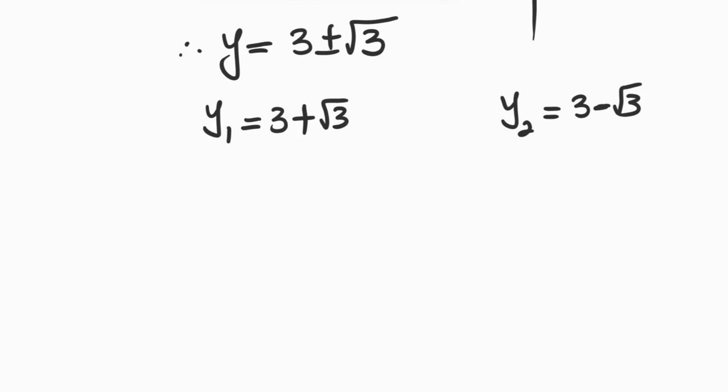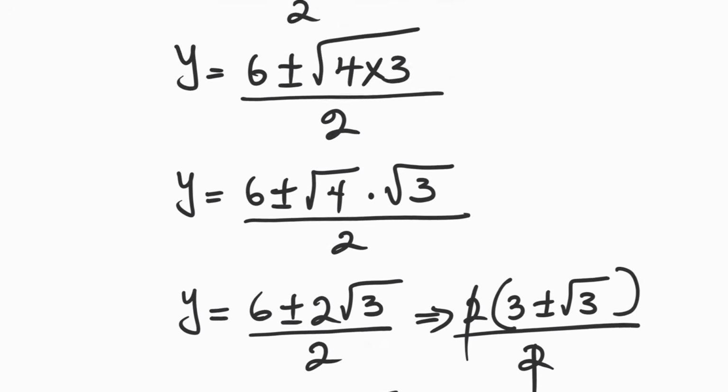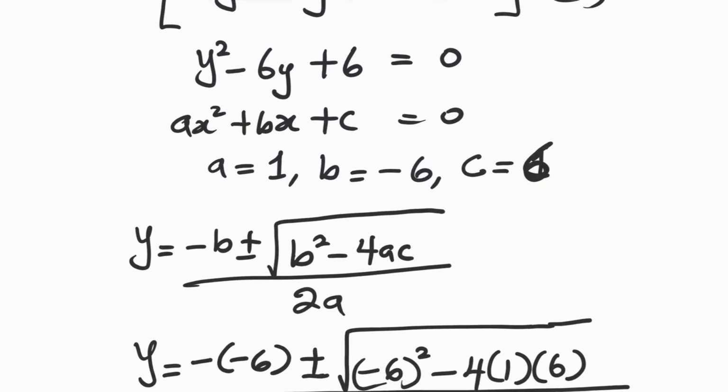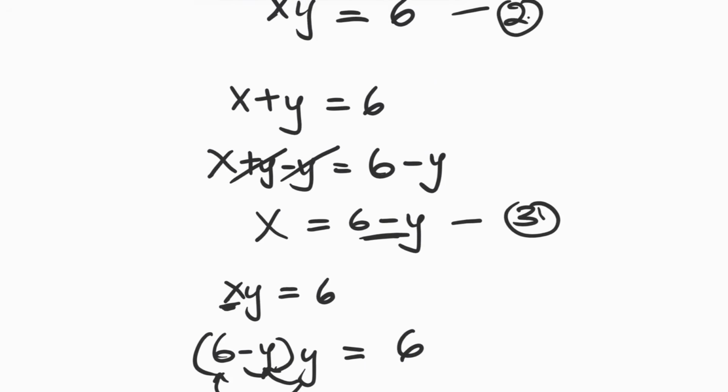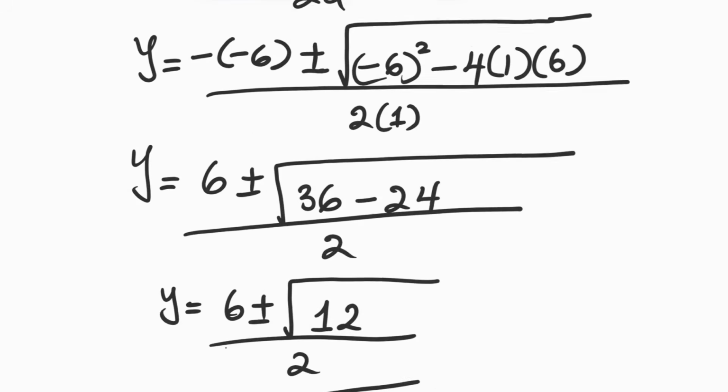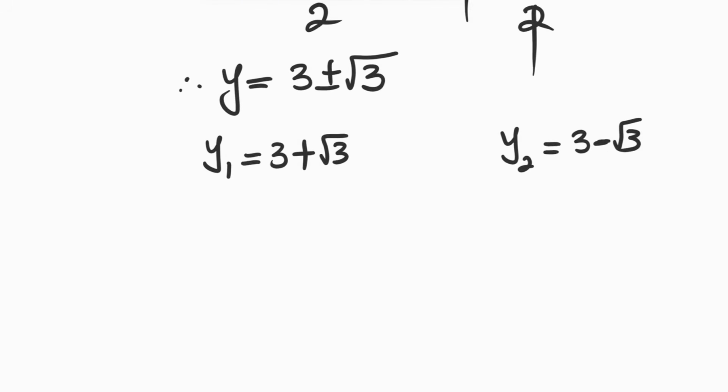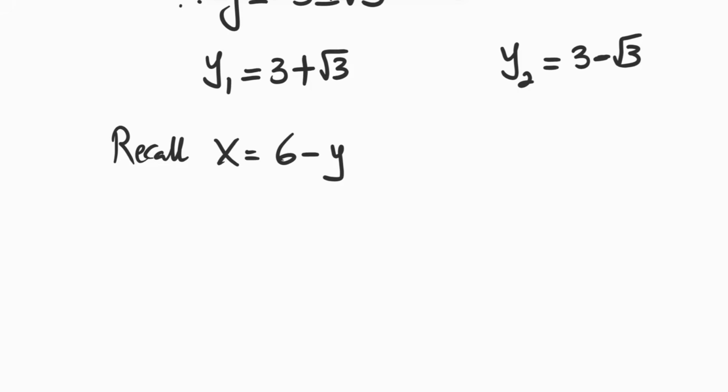Now, if we recall that x is equal to 6 minus y, equation 3. For the y1 value, we plug it in here so we can get the x1 value.